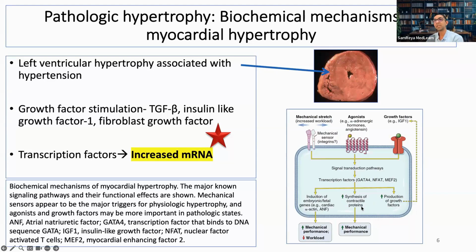And in the middle, if you see, there is one very important thing: increased synthesis of contractile proteins. So what has happened here, this cell started making more growth factors. This cell started synthesizing more contractile proteins. And another very interesting thing that has happened here, this cell has induced, as you see what it says, induction of embryonic or fetal genes.